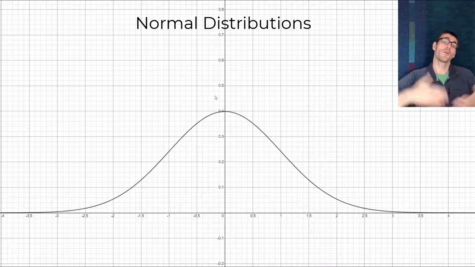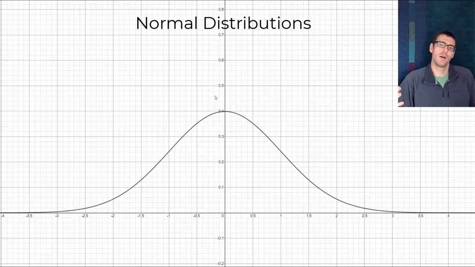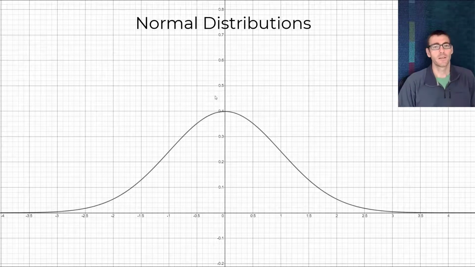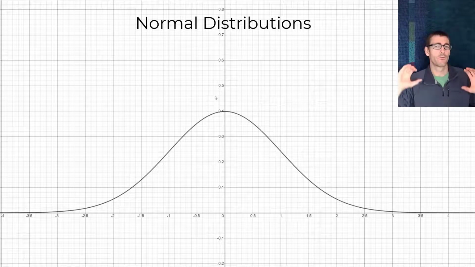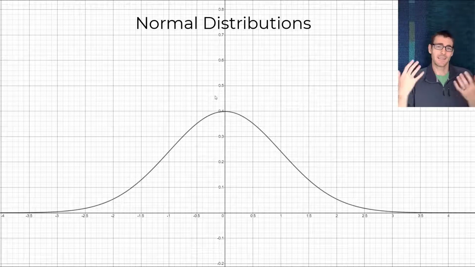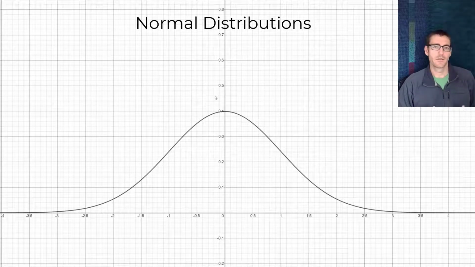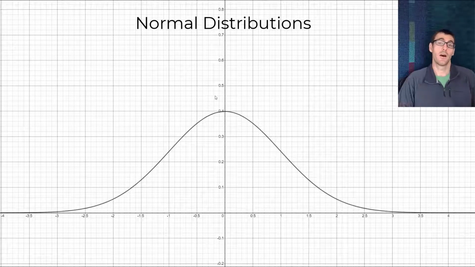So for large N, for large sample sizes, this normal distribution does a very good job of explaining roughly what's happening. But I want to focus on that part: it's always going to be roughly what's happening. This is a model, an idealized situation, which is never going to be exactly right. But for most intents and purposes, it's usually going to be good enough.